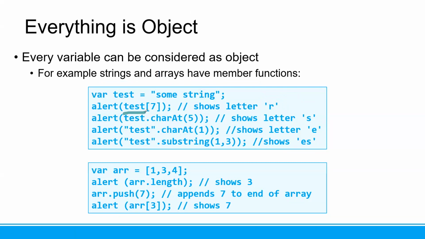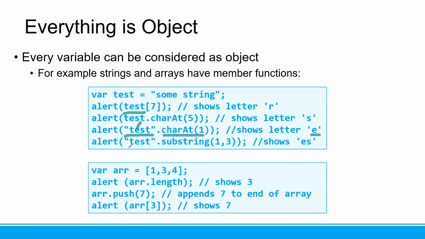If this is test, it means I'm going to access the variable. But this one, I have double quote. Then it is a string. And based on this string, I would like to check the character at the index 1. The index 1 means E.